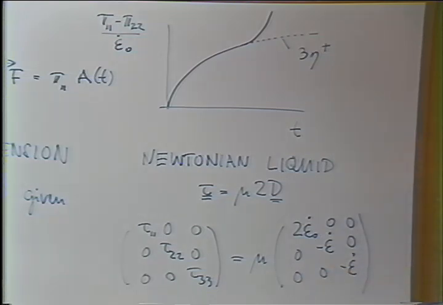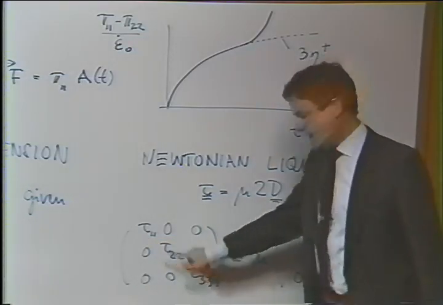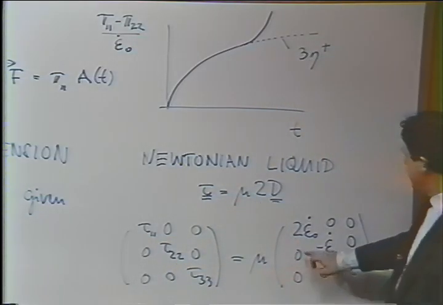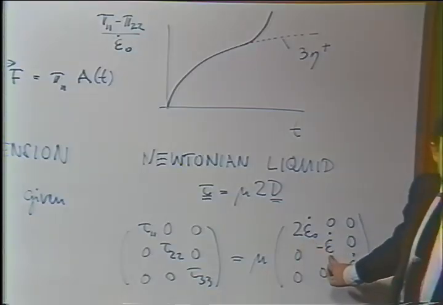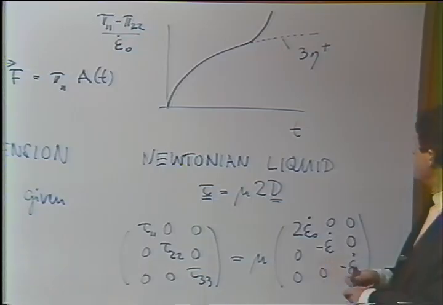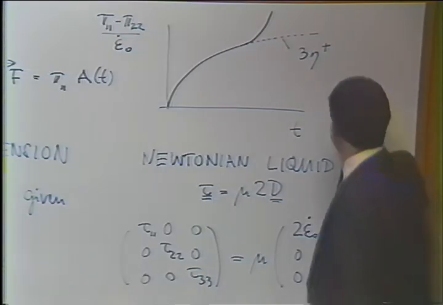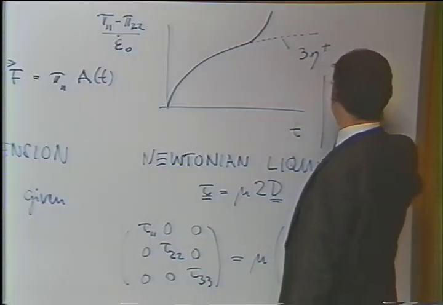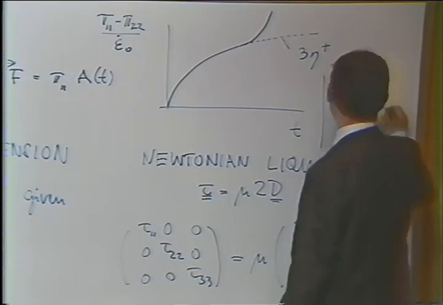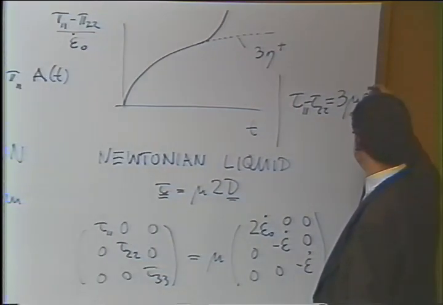And now you can see that tau 11 minus tau 22 is equal to mu times 2 epsilon dot plus another epsilon dot, which is equal to 3 epsilon dot. So for the Newtonian case, I'm running out of space here. For the Newtonian case, you have tau 11 minus tau 22 equal to 3 times the viscosity times epsilon dot.